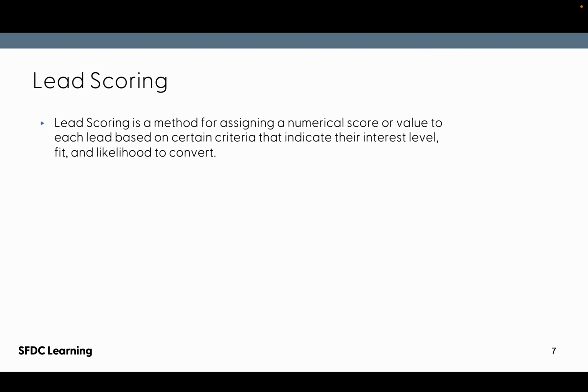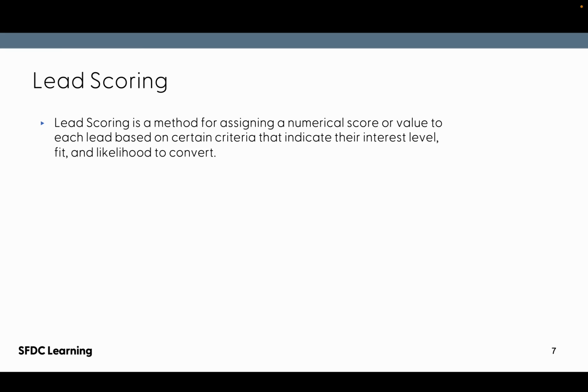Now lead scoring, right? Lead scoring is a method for assigning a numerical score value to each lead based on certain criteria that indicate their level of interest, their fit, and likelihood to convert. Okay. So let's say somebody reached out or we reached out to several people, right? Based on their interest level, whether they are interested or not, if a person is interested, we'll score that lead high, right?